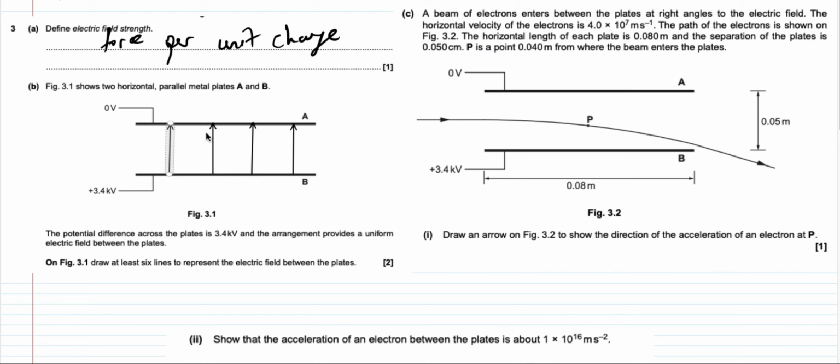Now, as you can imagine, we would have established that this is how the E field would look for the parallel plate arrangement. Now, if an electron is fired in between the two plates, by nature we know that negative and positive attract.